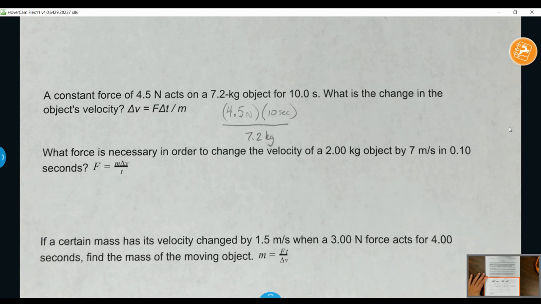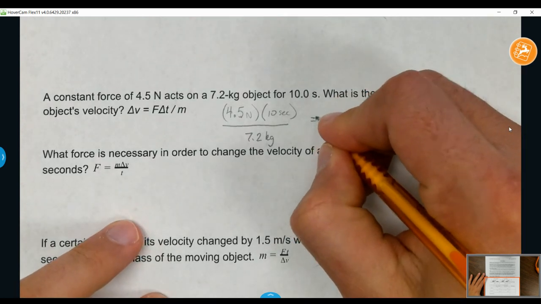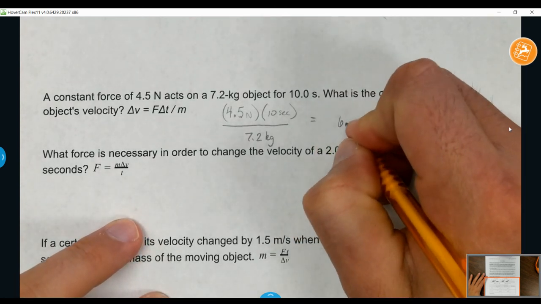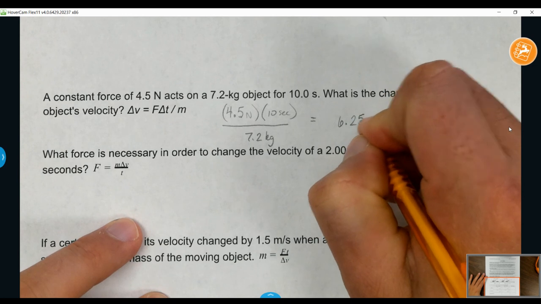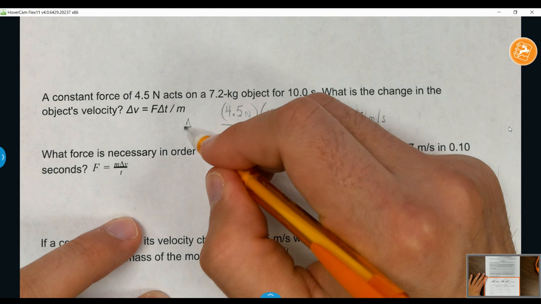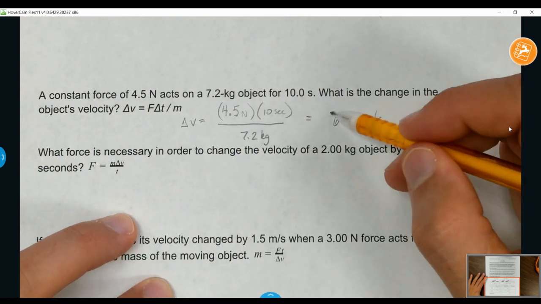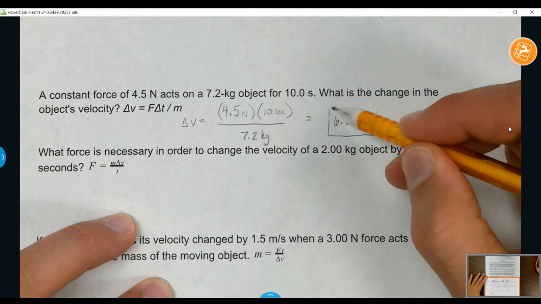Right, plug that into your calculator, and you should get a change in velocity here of just 6.25 meters per second.